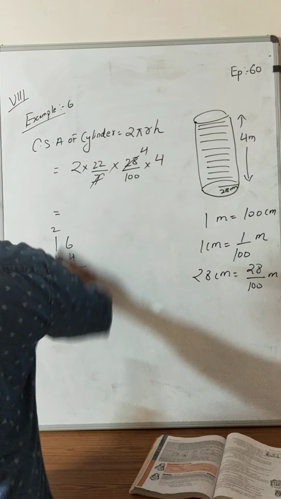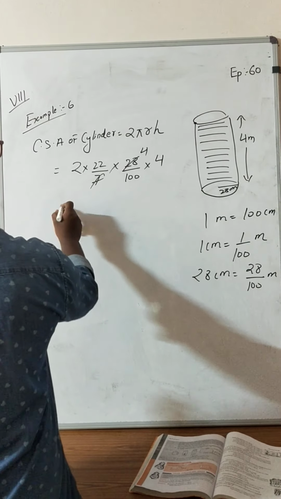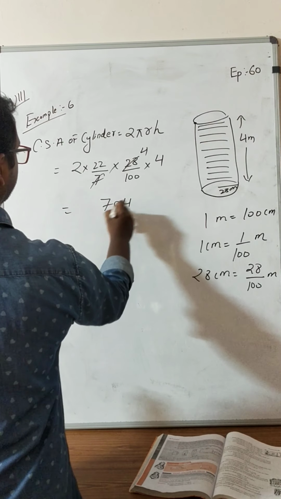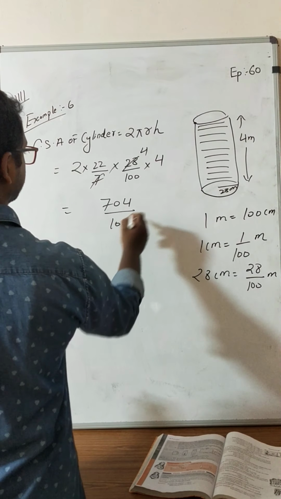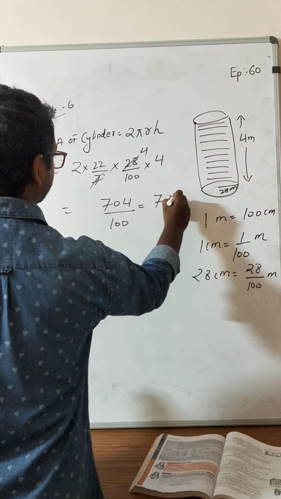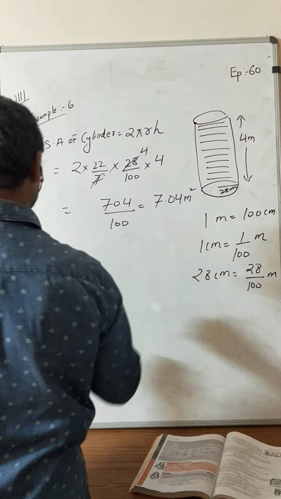So 704 divided by 100, the final answer is 7.04 meter square.